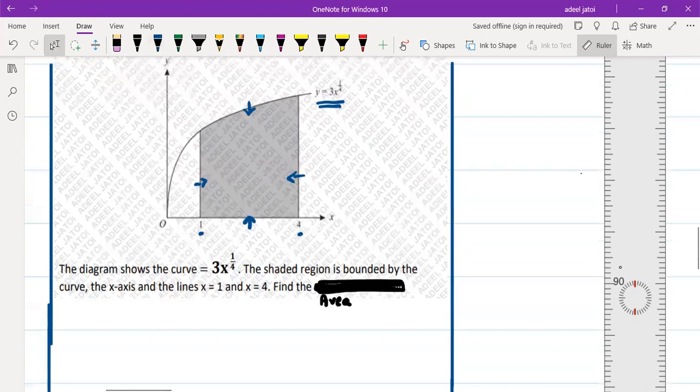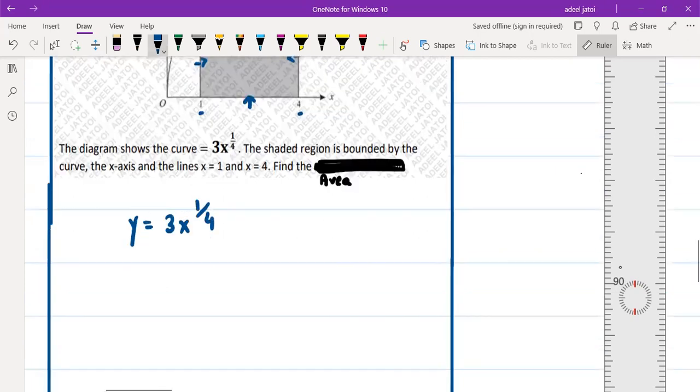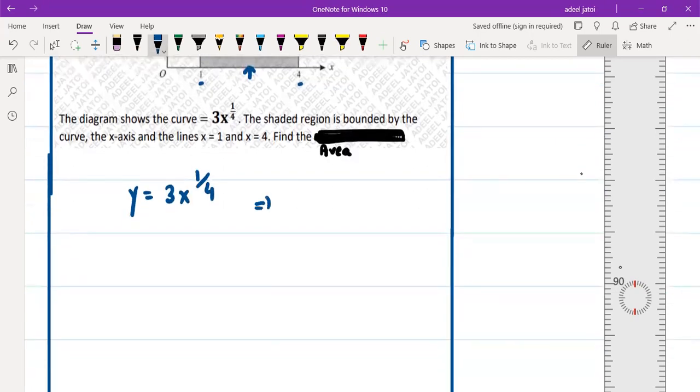So if we need to integrate this, your y is 3x to the power 1 upon 4. That means your integration will be the integral of y, which is 3x to the power 1 upon 4 dx.